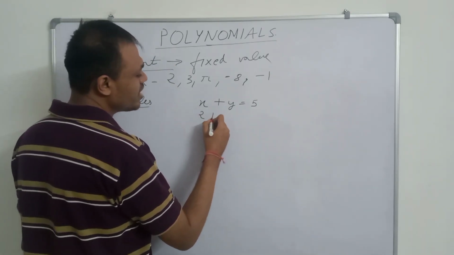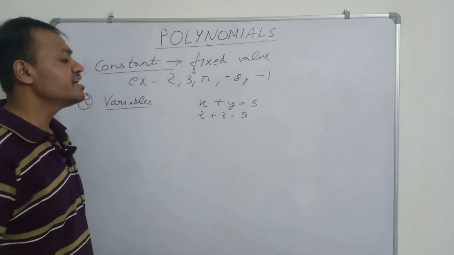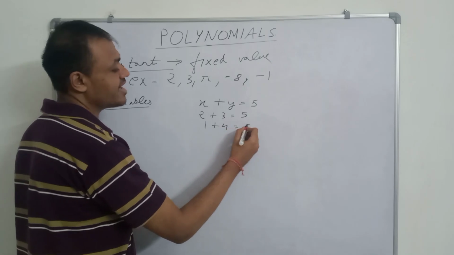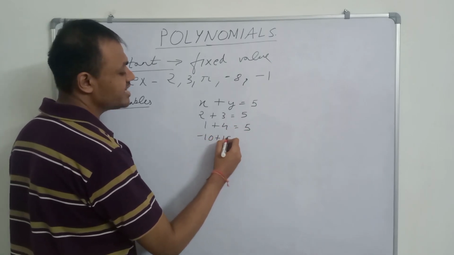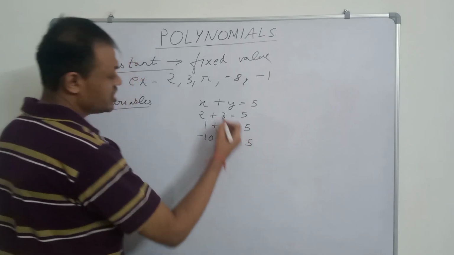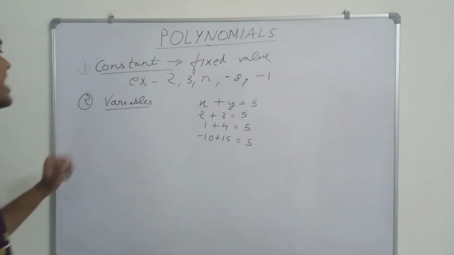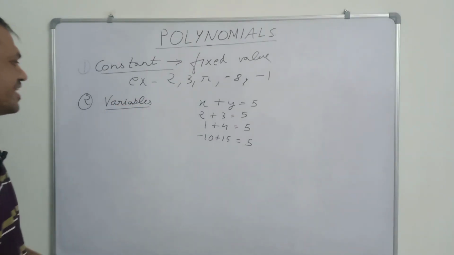X can be 2 and y can be 3, because 2 plus 3 is 5. Next, x can be 1 and y can be 4. X can be -10, y can be +15, so this is also 5. So the value of x and y can change. These are called variables.